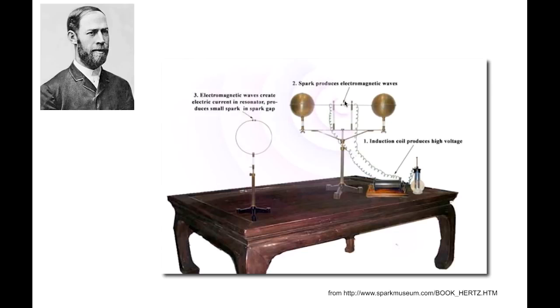And that spark, he surmised, would generate an electromagnetic wave. Because it was a fluctuating electric field and magnetic field, it had the potential to cause a charge to flow in this small gap over here. In other words, create a small spark in this receiver.